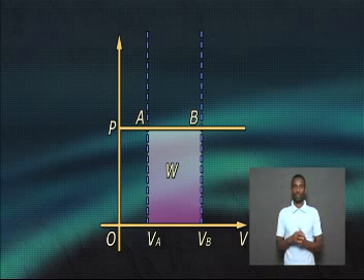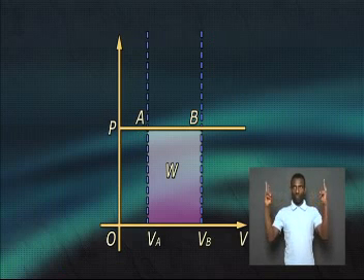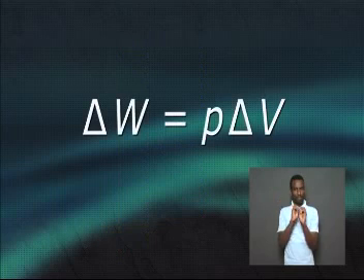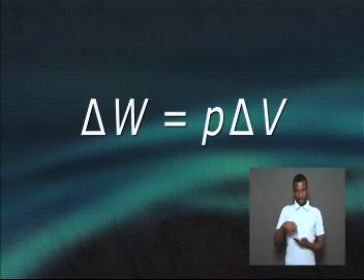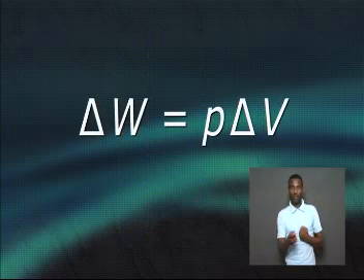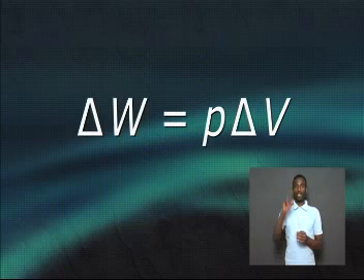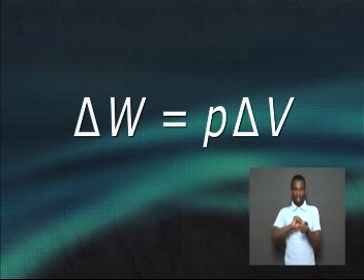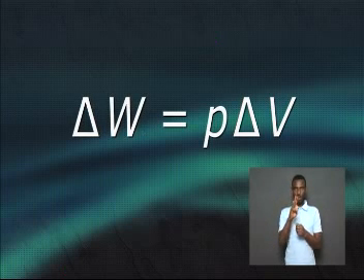Notice how when work is done, the volume increases, but the pressure does not. We can infer a basic equation for isobaric processes based on this relationship. Work done is equal to pressure times change in volume.